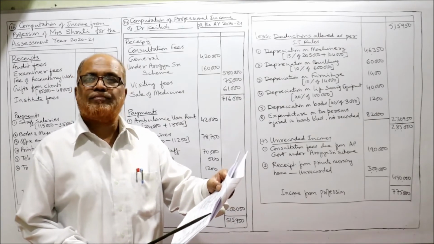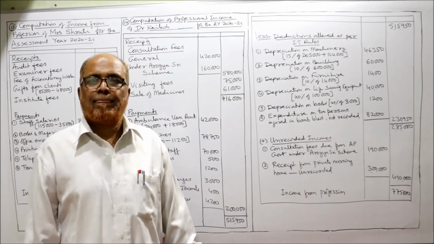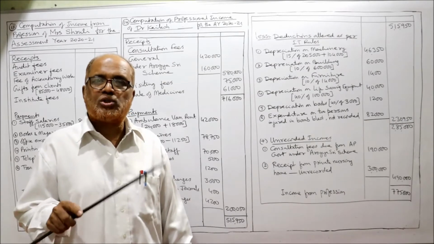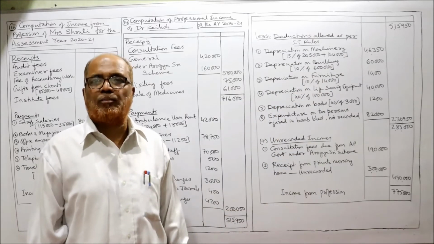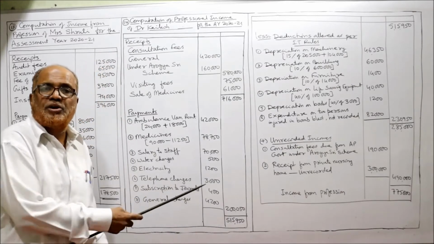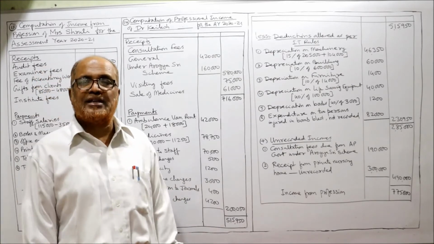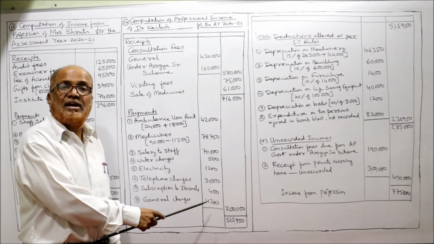Purchase of books not allowed. Books are an asset, so depreciation on books will be allowed. Afterwards we'll calculate depreciation on books. But right now purchase of books will not be allowed as deduction because it's a capital expenditure. So we have taken all the revenue payments.